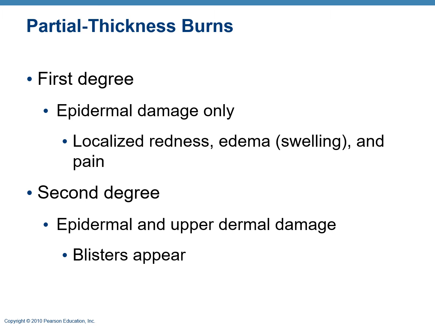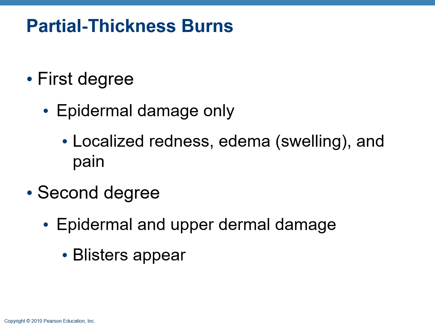So if you touch a burner that's still warm, for example, it's going to cause epidermal damage only. It's going to result in localized redness, edema, which is swelling, as well as pain. So you'll typically see redness that can persist for hours or a day or so or more.